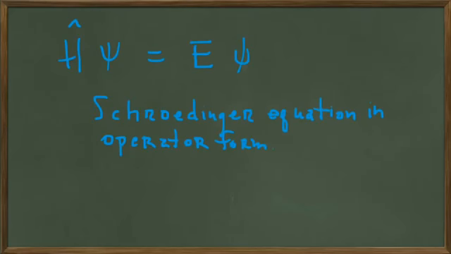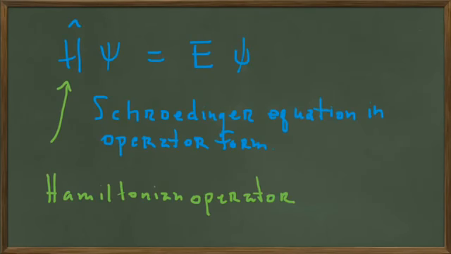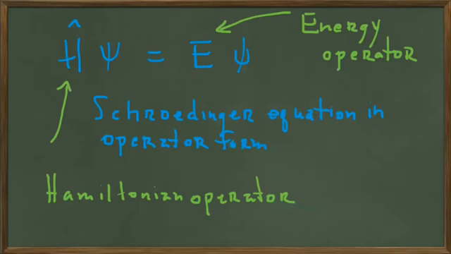So here is the Schrodinger equation in operator form. The operators are on the left and the right side. This H hat is the Hamiltonian operator, and the operator E on the right hand side is the energy operator.